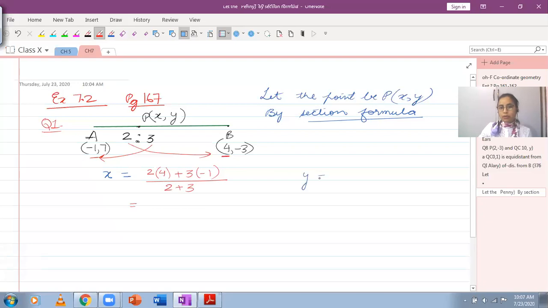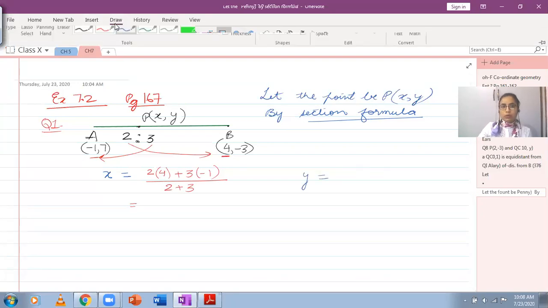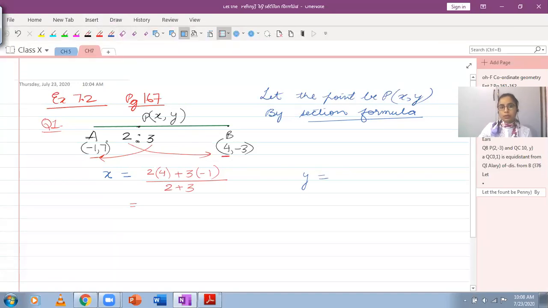Similarly, when you're solving for Y, you're going to use the ordinates and cross multiply. So this will be 2 multiplied with -3 plus 3 multiplied with 7. In the denominator, you have 2 plus 3.